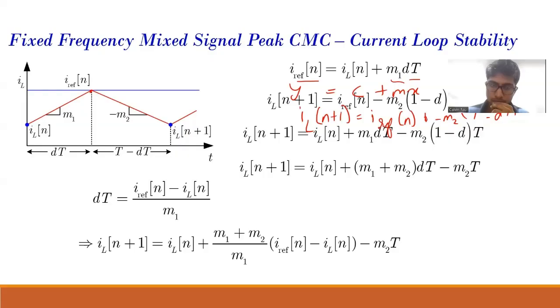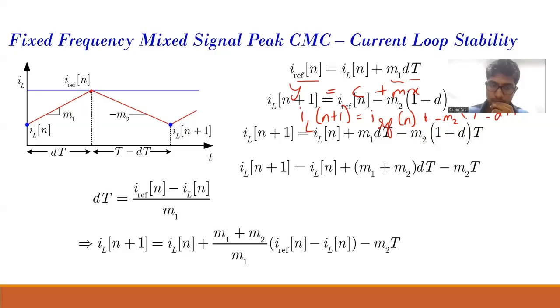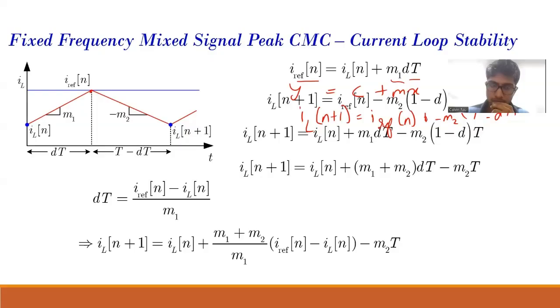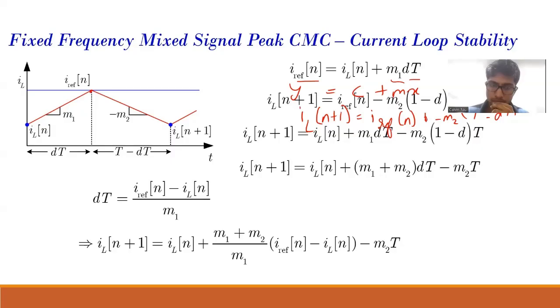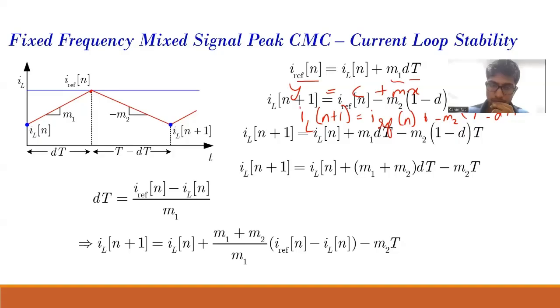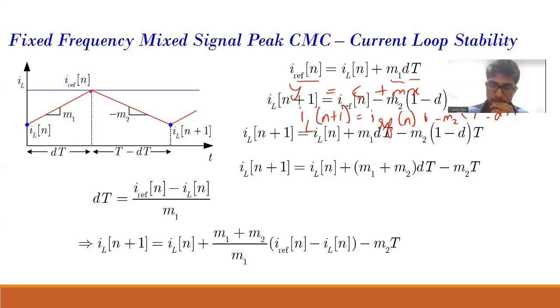If M2 becomes greater than M1, then my pole will go outside the unit circle. It will come up over here, which will make the system unstable. So my requirement is M2 should be less than M1. At the border condition, M2 will be equal to M1 and my pole will be at Z equal to minus 1, over here. If M2 becomes greater than M1, then it goes further in this direction.